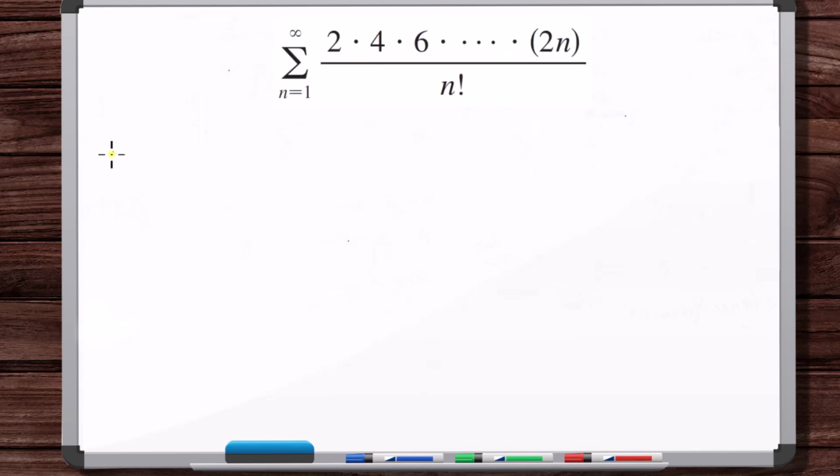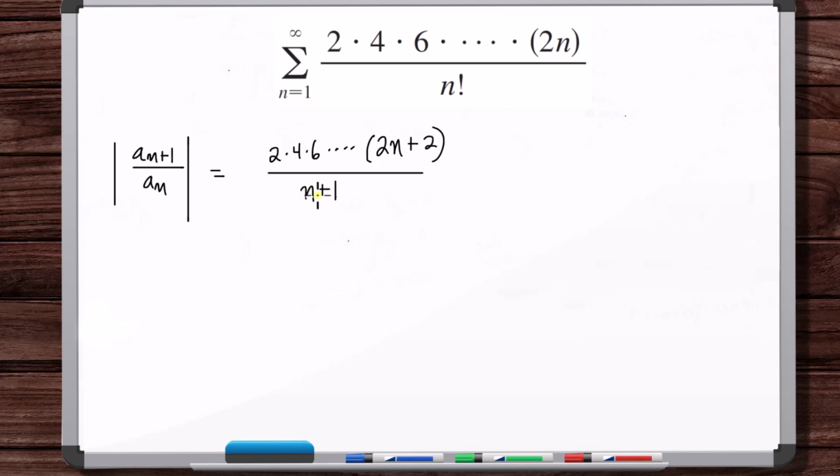Okay, similar type of problem. Now this is always positive, so we can just remove the absolute value. So we've got 2 times 4 times 6, and then 2 times n plus 1. So that's 2n plus 2. Okay, over n plus 1 factorial, which is just n plus 1 times n factorial.